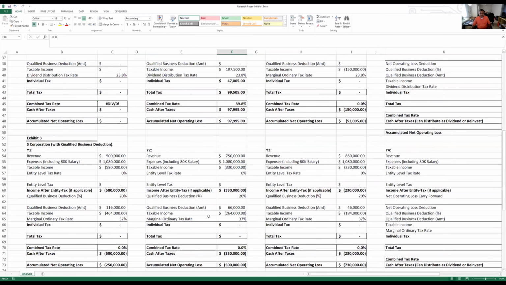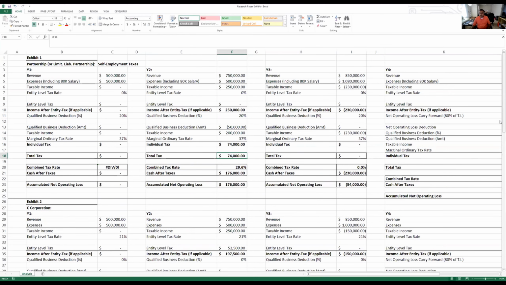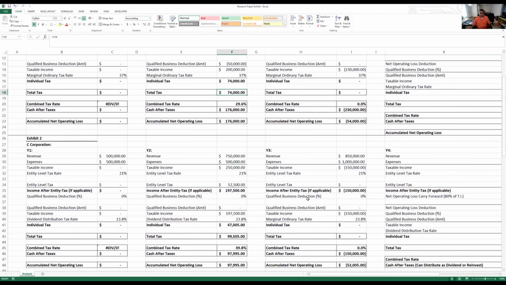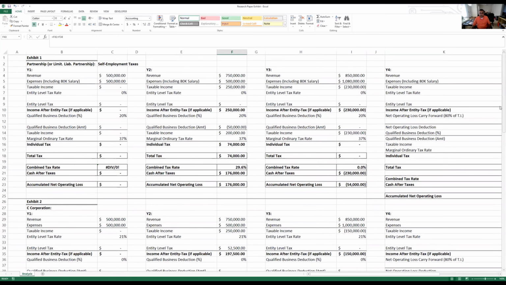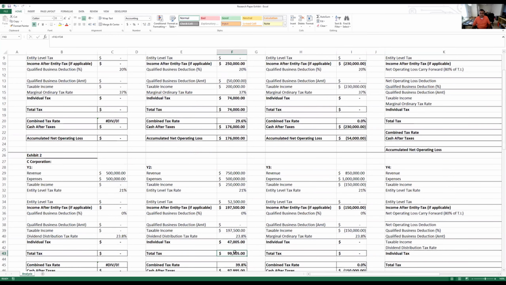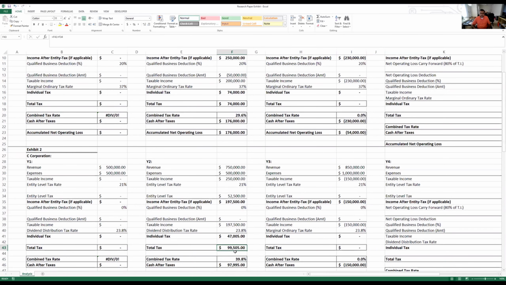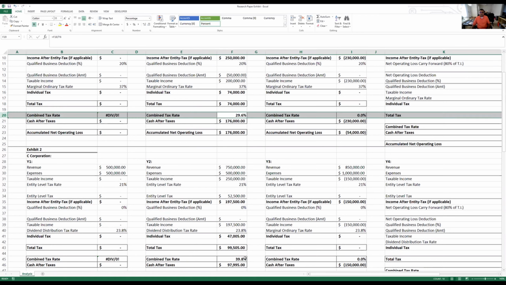But unfortunately, with a C corporation, my total tax is $99,505, which puts me at an effective tax rate of 39.8%. How does it go from 29.6% to 39.8%? That's why you need to choose your tax entity carefully.